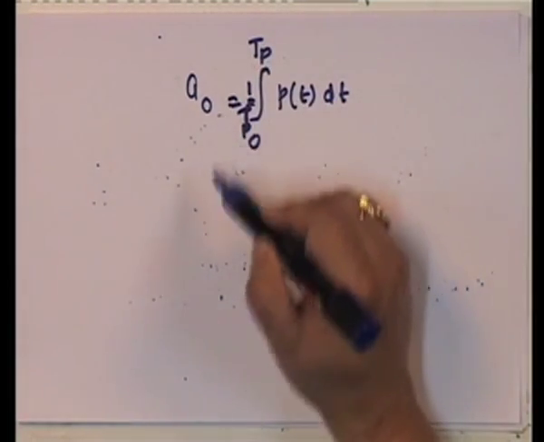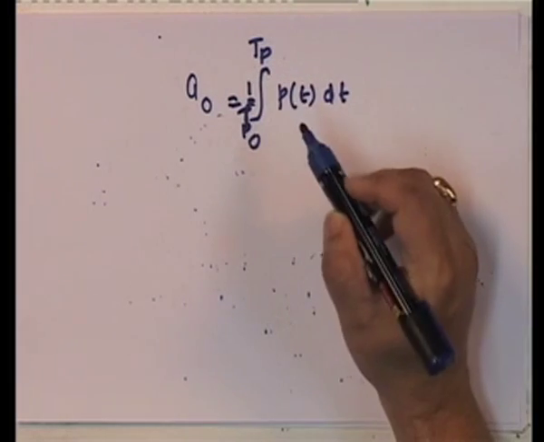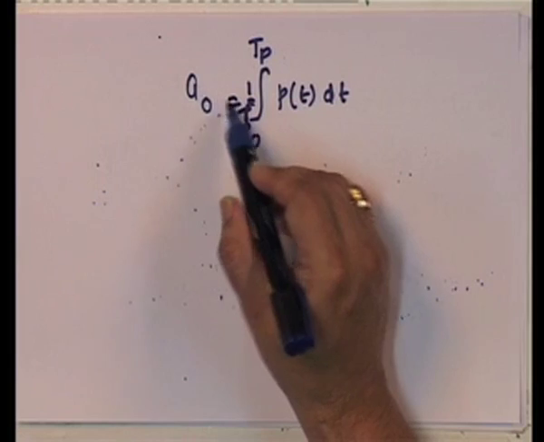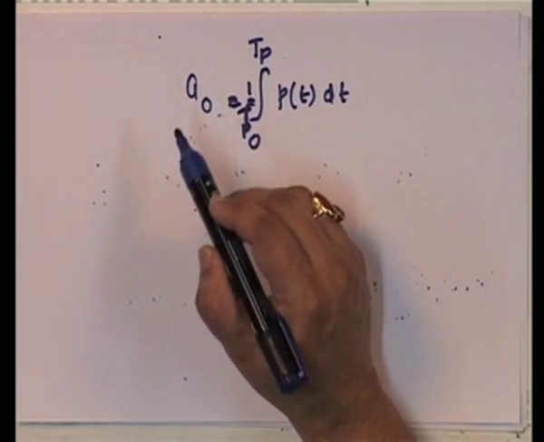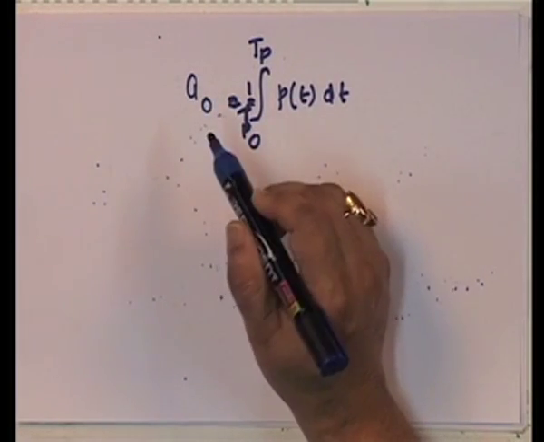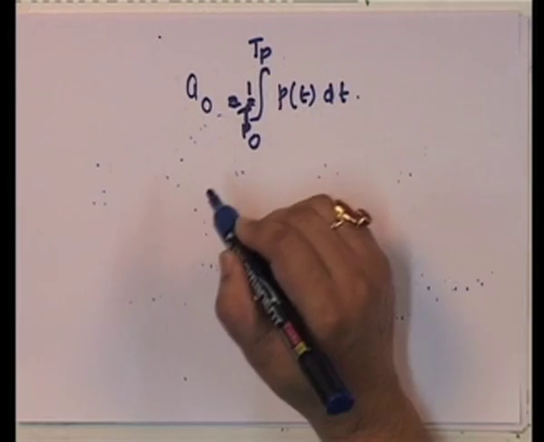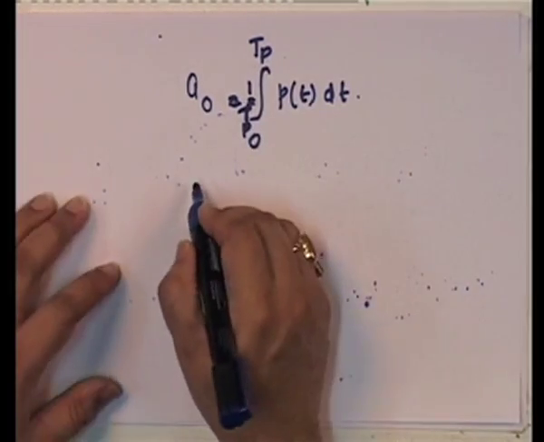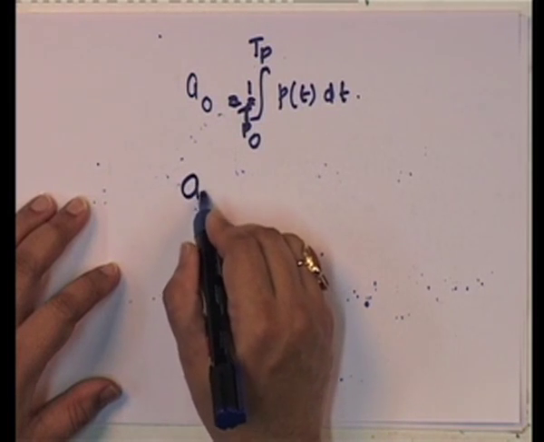Because it is periodic, I take it from 0 to Tp, and I am dividing by that period. What is that? This is the average value of the loading. The mean value of the loading. So A0 is directly the mean value.